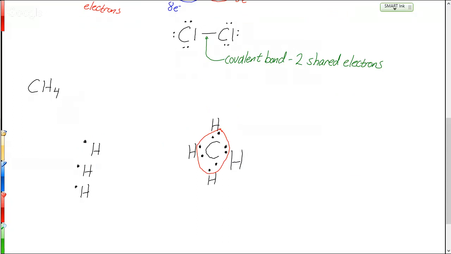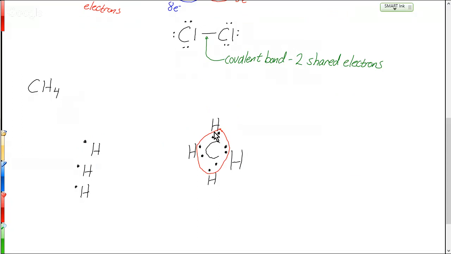So then what did we do with the extra 4 that the bucket was filled with? That's still in there. Those were on that carbon to start with, and the other 4 came from the 4 hydrogens, 1 each. Originally the carbon had 4 in its valence shell, but we made it 8 by bringing the electrons from the hydrogens.